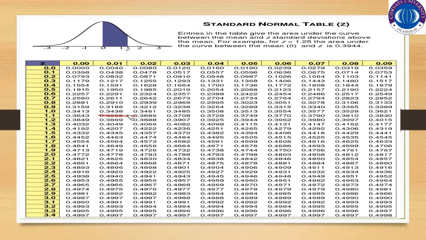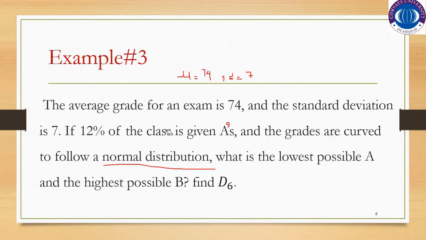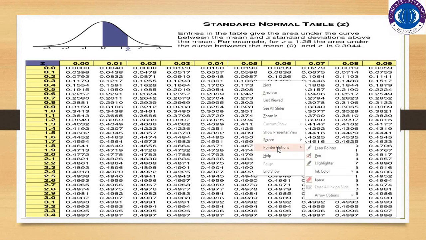So where is 0.10 located? This is 0.0910, this is 0.0948, this is 0.0987, and this is 0.1026. You can select either this one or this one, as you are taking the approximate value.